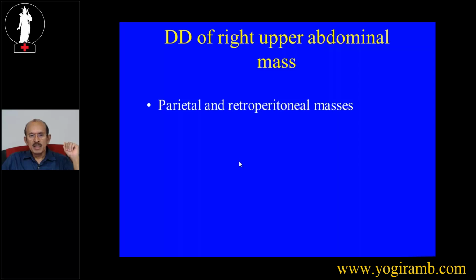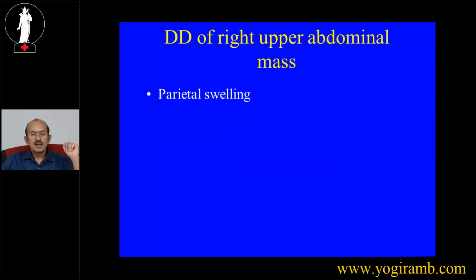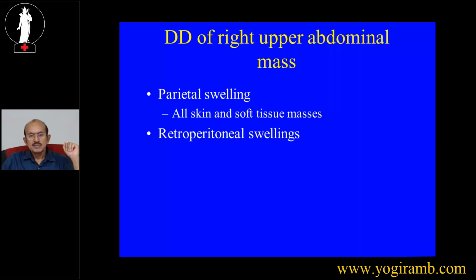So they can be parietal and retroperitoneal masses and intraperitoneal masses. Parietal swelling, all the skin and soft tissue masses can arise from the parietes of the abdomen.